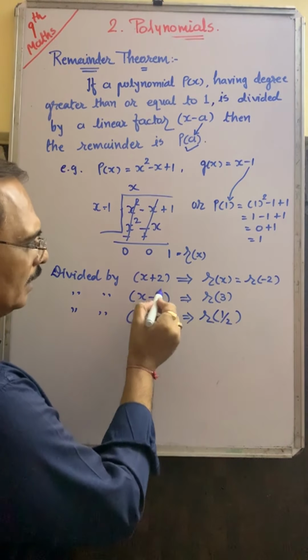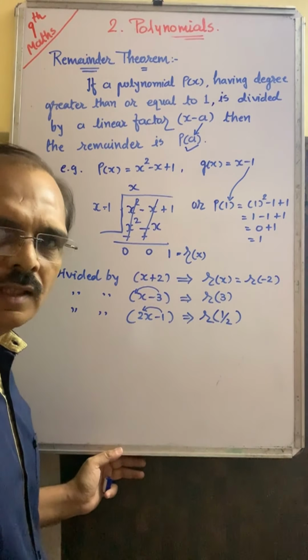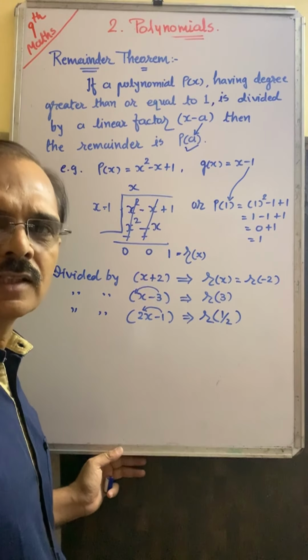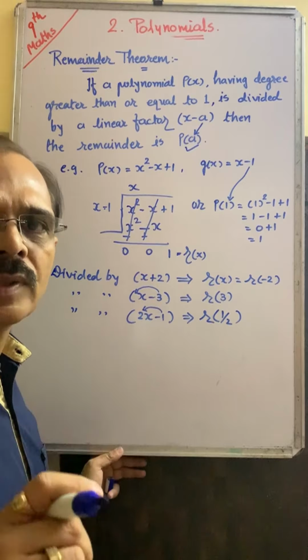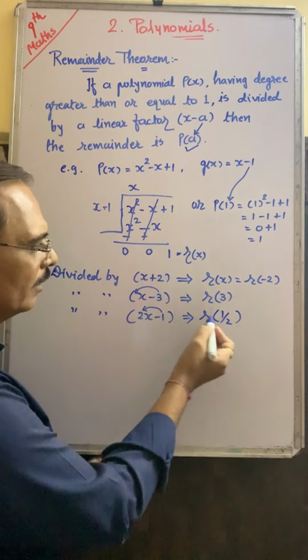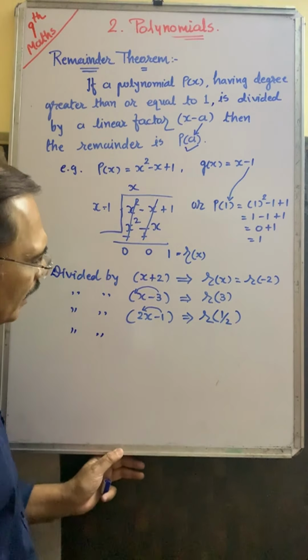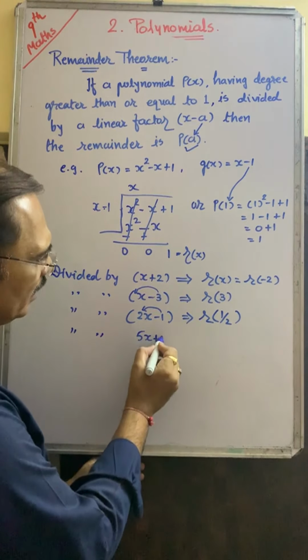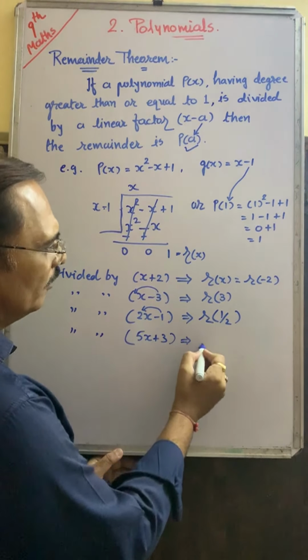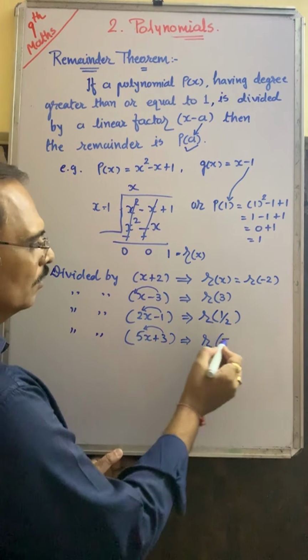Minus 3 changed to plus 3. 3 divided by 1, but 3 divided by 1 means 3. Not necessary to write 1 in the denominator. But here coefficient is there. So you have to write remainder like this: 1 upon 2. If it is divided by 5x plus 3, then remainder will be what? Plus changed to minus, 3 upon 5.